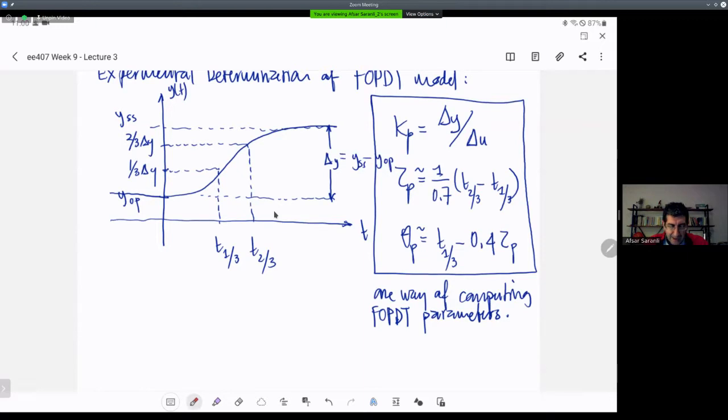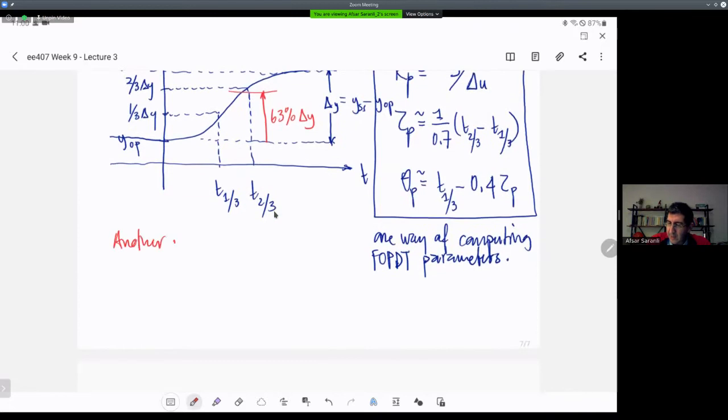People actually calculate the point which is about 63% of delta y, and another way which is also valid is to calculate tau p as approximately the time it takes to reach 63% of delta y.